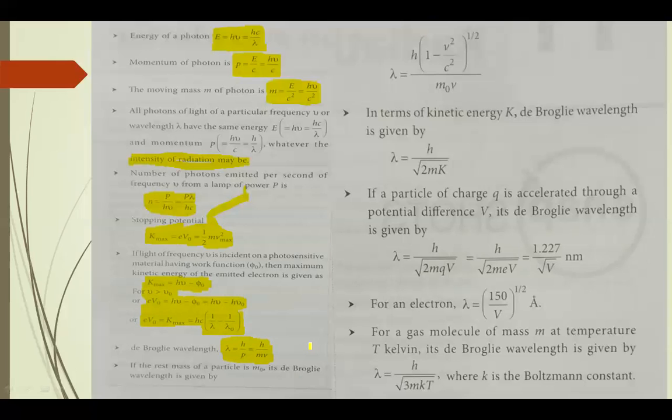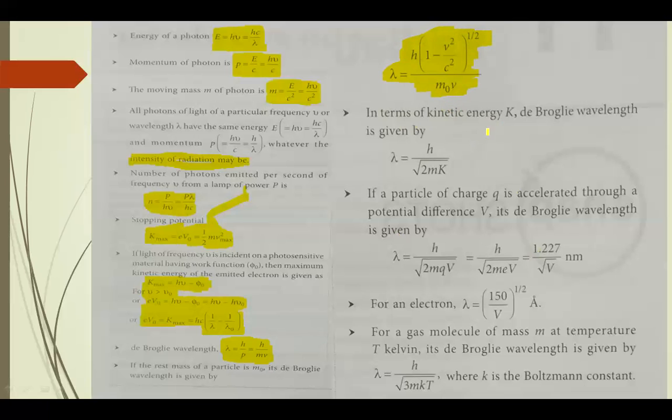Next, if the rest mass of the particle is m naught, its de Broglie wavelength is given by lambda is equal to h into square root of 1 minus v square by c square, whole divided by m naught v.